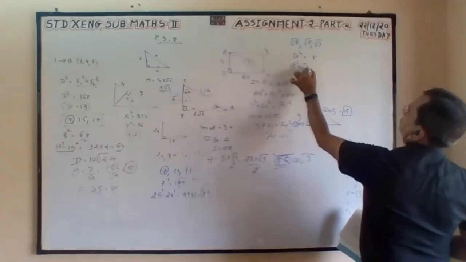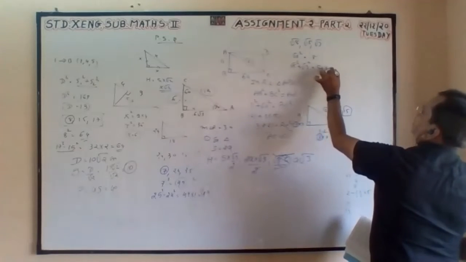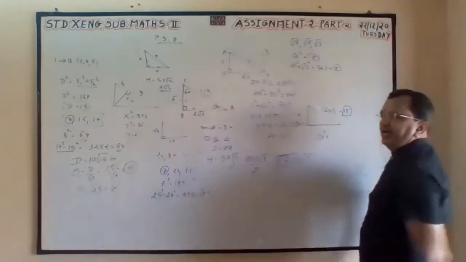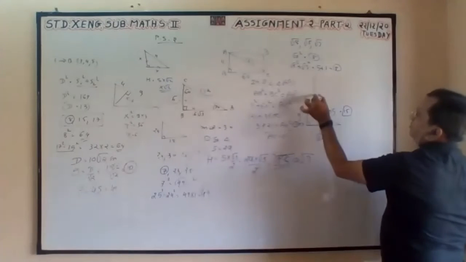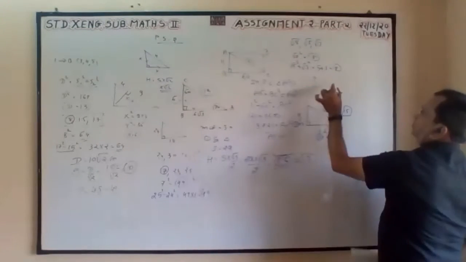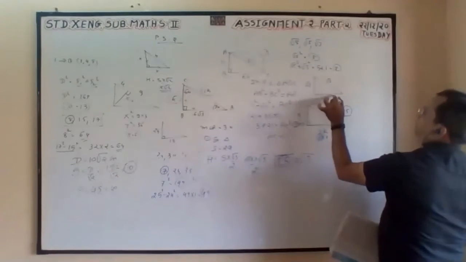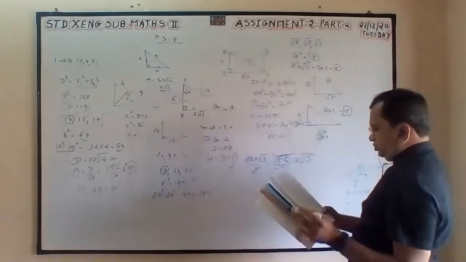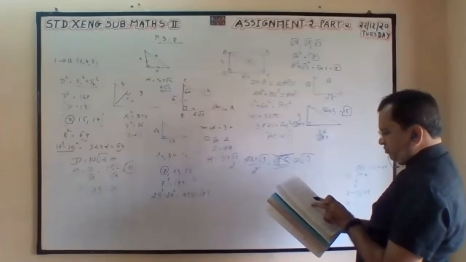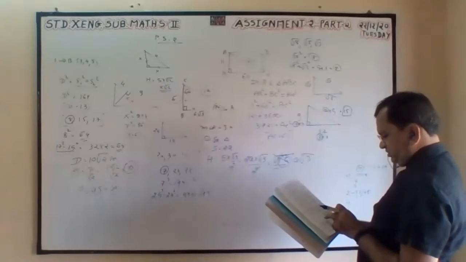Root 5 square plus root 3 square is 5 plus 3 equals 8. It is a right angle triangle. Now highest is root 8, next root 3, next root 5. So root 3, root 5, what is common?